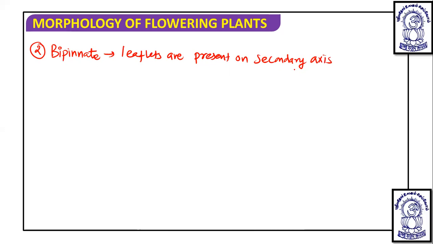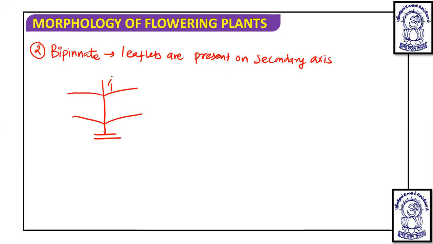And the secondary axis are nothing but the immediate branches of the midrib. So suppose this is a primary midrib and this is the secondary axis.